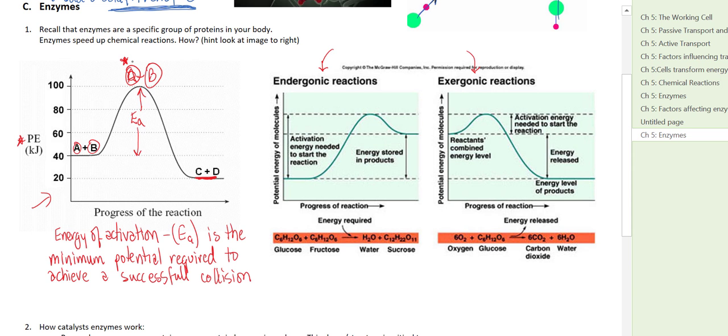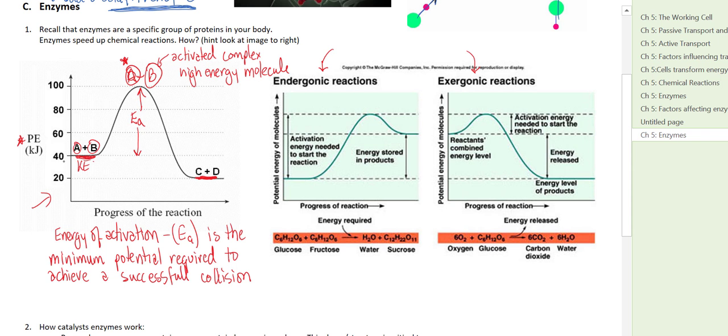Okay, and so this molecule that forms in this collision, we actually call the activated complex. The activated complex is a high energy, unstable molecule that has the potential to go on to form products. So what we need to understand is it's kind of like our hill analogy.